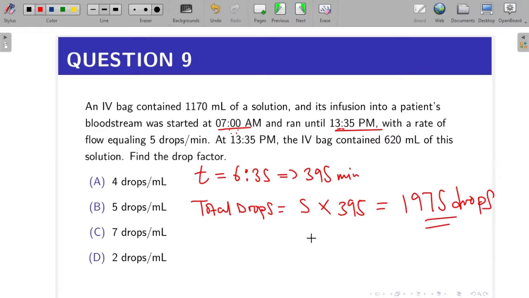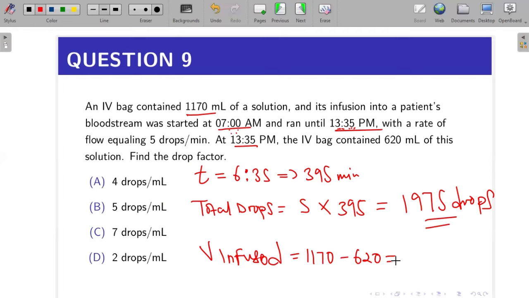Then I just have to find the volume infused. The volume infused will be equal to the volume that we had at the start minus the volume that we had at the end. At the start we had 1170, minus at the end 620. So we subtract those two: 1170 minus 620 gives me 550 milliliters.